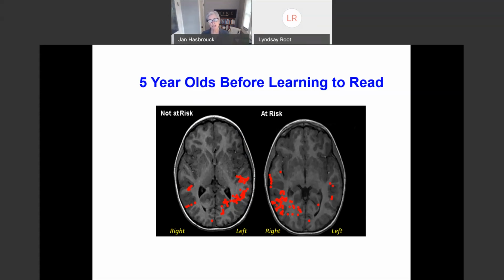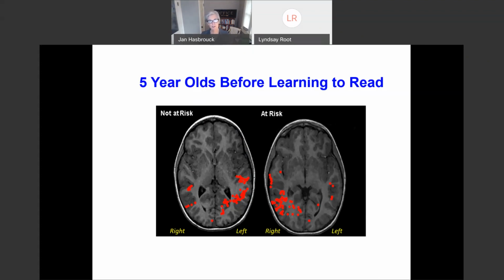So the student on the right is at risk because when we take an image of that child's brain doing exactly the same kind of task, that child's brain is trying to process language, auditory language, in his or her right hemisphere. That's not the hemisphere we're born wired to process language, and we understand reading to be a language-based task.